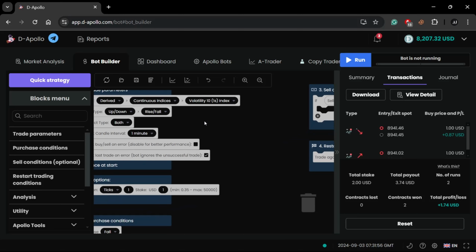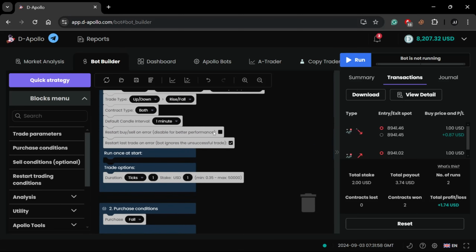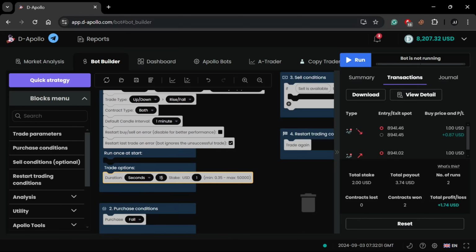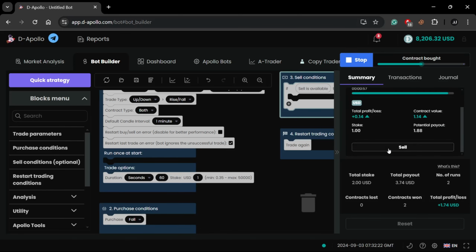So if I say rise, and I put the duration in seconds, let's say 60, and I run, you see now it will buy a contract. The sell condition is just if, for example, I see I have a profit or a loss of this amount, and I sell it.